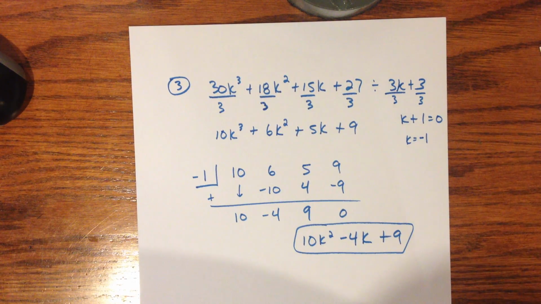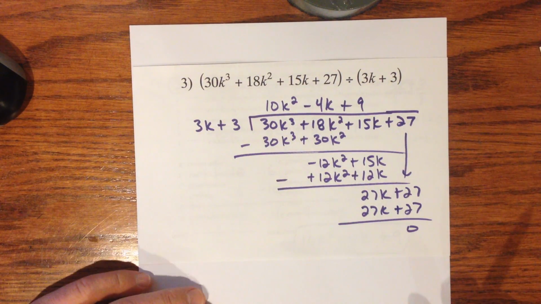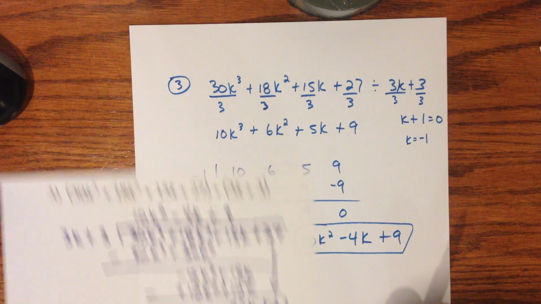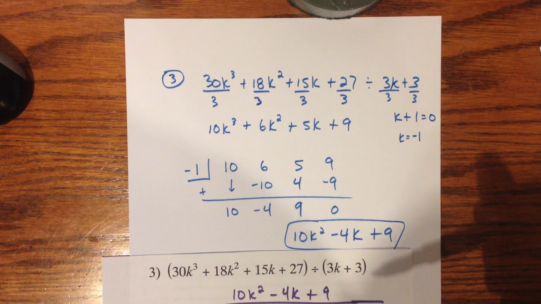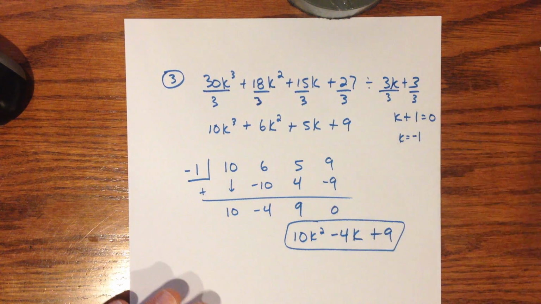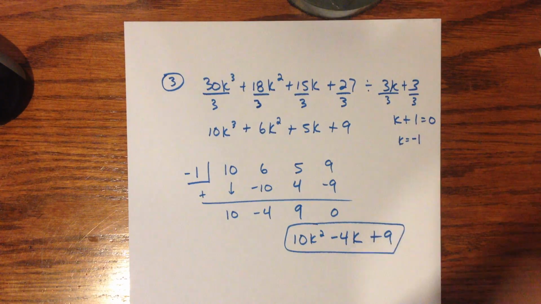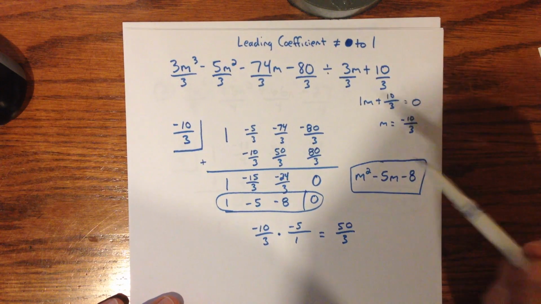Again, if you didn't see that, you can always go back to long division and get your answer. So you can see, you get the same thing. I really hope you do not run away from fractions, and you can figure this out. Use synthetic division.